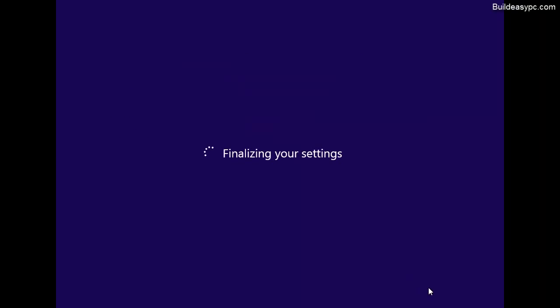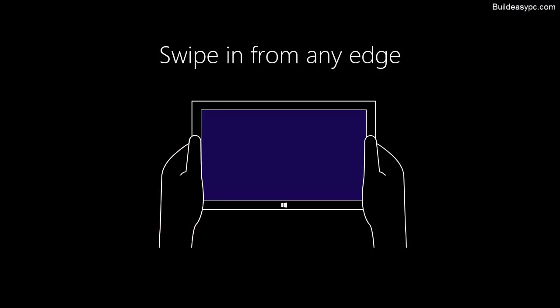Windows finalizes the setup, and then you get this welcome screen. It gives you a quick demonstration on how to use the various features of Windows 8. For example, moving the mouse cursor towards the right hand side will bring up the charms bar.